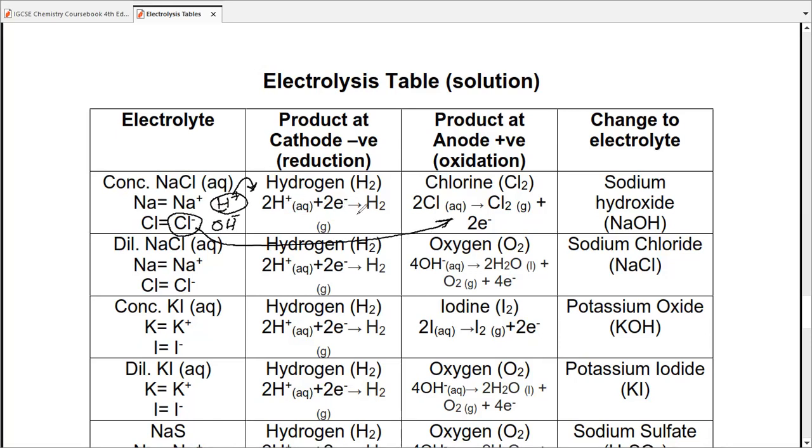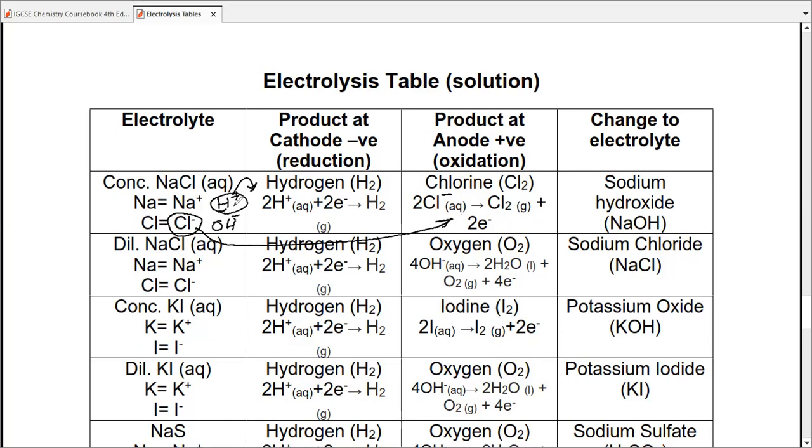2H positive plus 2 electrons gives a hydrogen gas. As sodium is more reactive, it's going to stay inside the solution. Let's keep it for the change to electrolyte part. For chlorine, 2 chloride ions, the negative sign is missing, gives us a chlorine molecule plus 2 electrons. This is an oxidation reaction which gave us chlorine gas at anode.